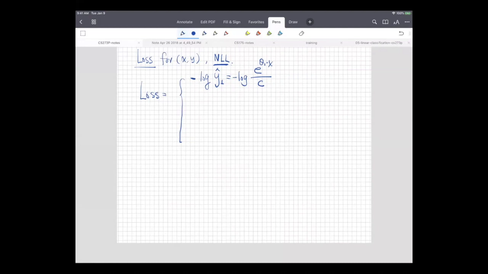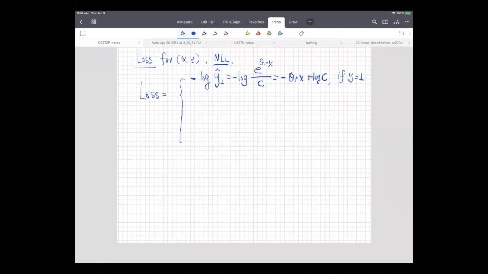And if you want to rewrite this, it will be equal to minus theta 1 x, because of the log of the exponential, plus the log of the constant term, which is the normalization constant. So that's the log likelihood if the actual target label is 1.